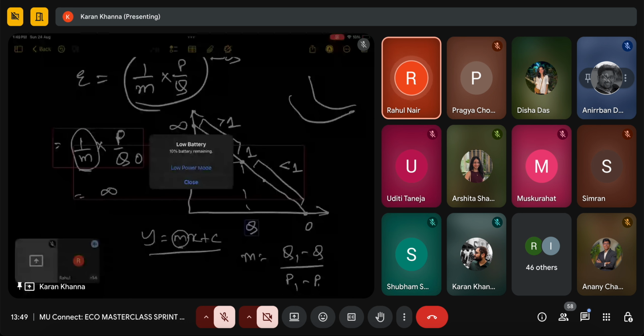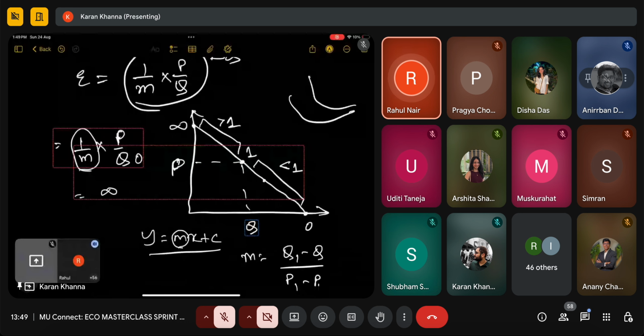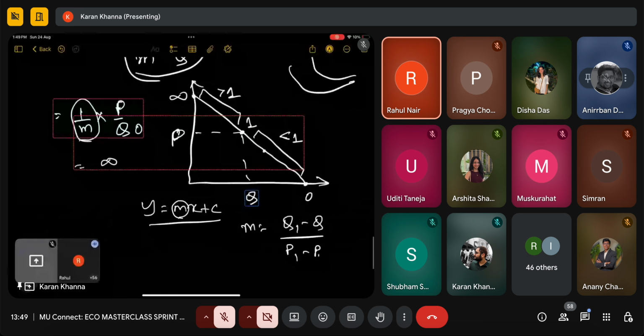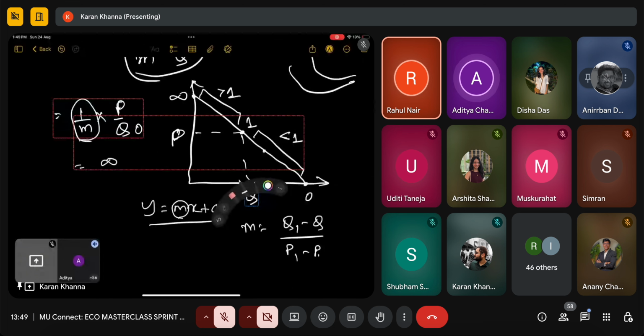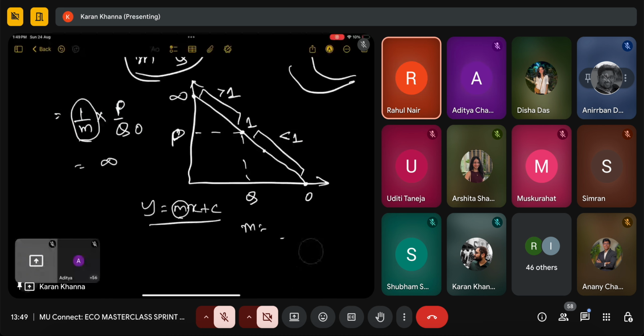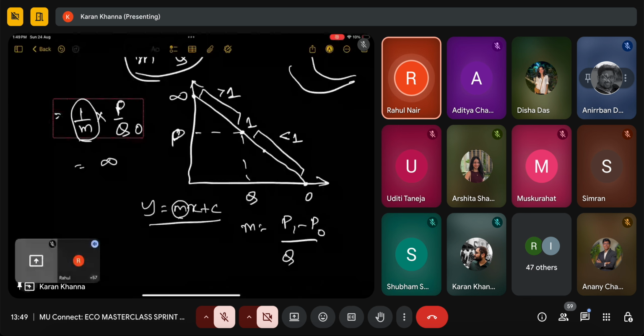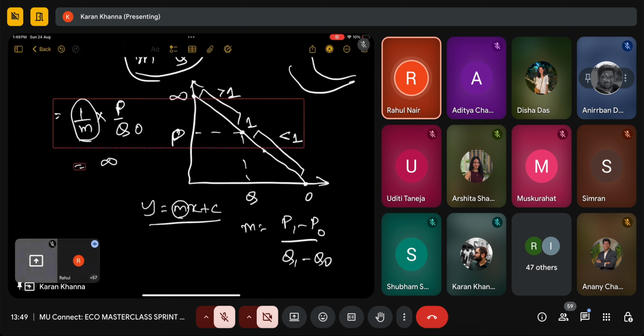In that case, if a question comes like this, then the slope will be given. Rahul, is M not P1 minus P0 upon Q1 minus Q0? Yeah, right. Correct. M is y, so it will be P1 minus P0 by Q1 minus Q0, right?